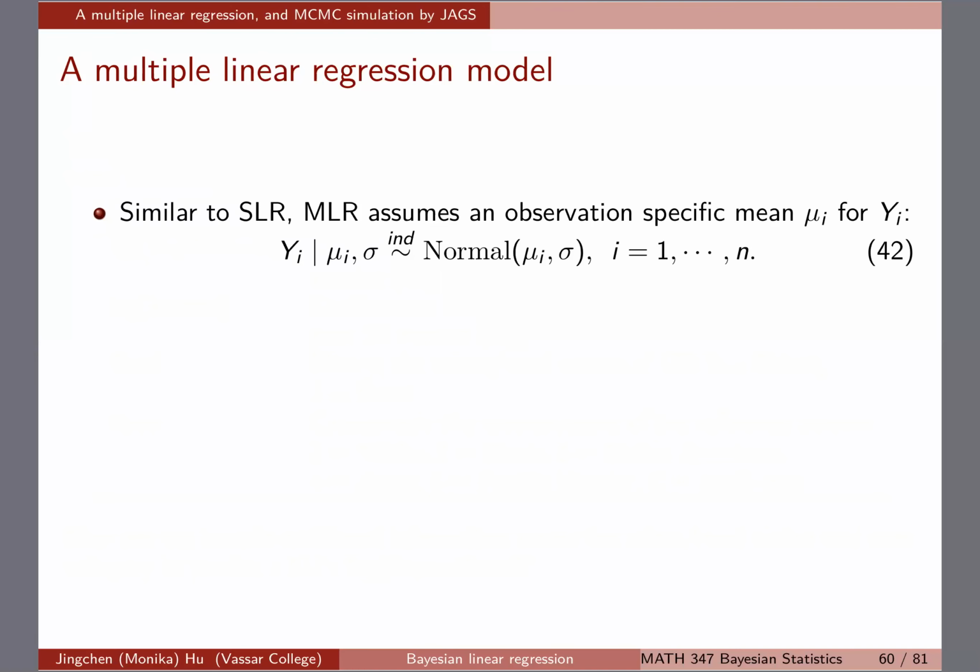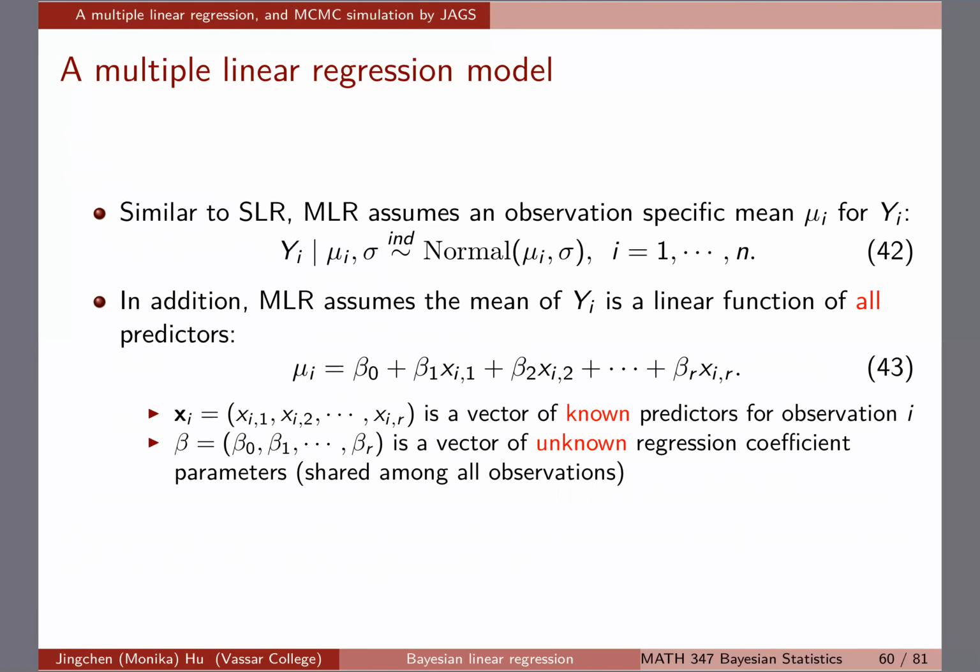Now we're going to have multiple predictors. Generically, let's say we have r predictors. So now the mean of y_i is a linear function of all predictors: mu_i equals beta_0, the intercept, plus up to beta_r times x_ir, depending on how many predictors you have.